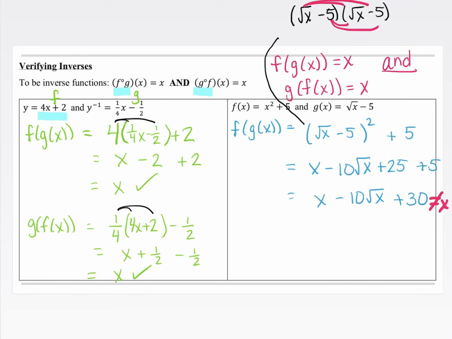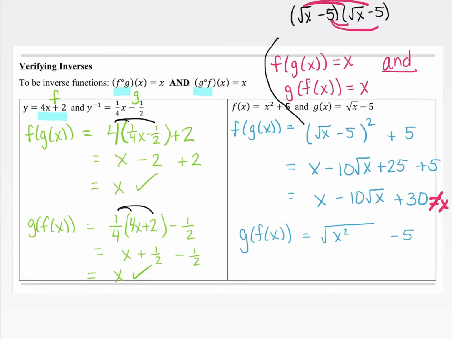Let's try with g of f of x just to confirm. So here, my outer function is the square root of x minus 5. Wherever I see an x, I'm going to leave a big space, then minus 5, and where I see that x, I'm going to put my inner function.